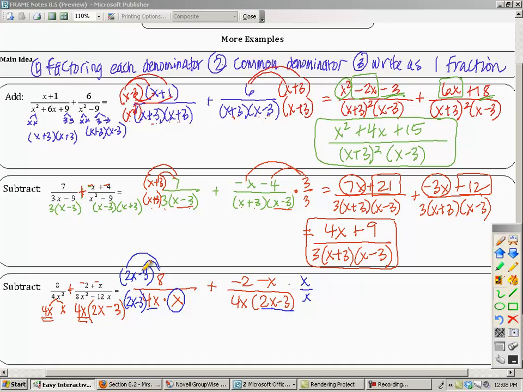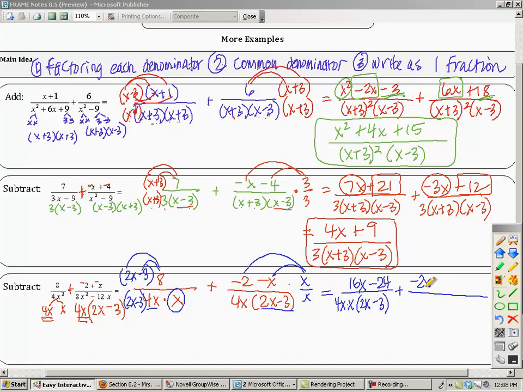Distribute. 2x times 8 is 16x. 8 and negative 3 is minus 24. Over, I've got a 4x, an x, and a 2x minus 3. All right, the x has to get distributed to both of those.